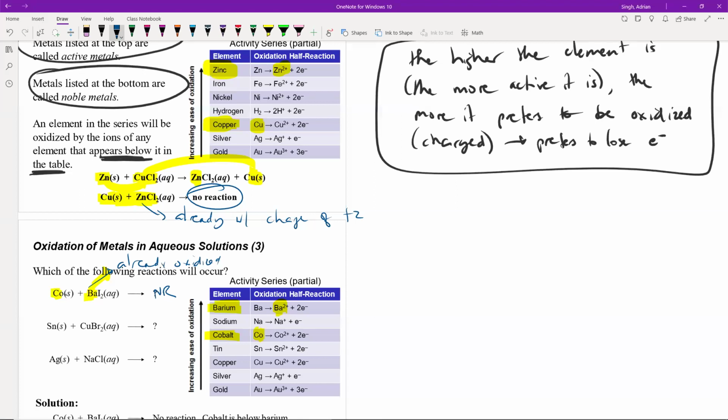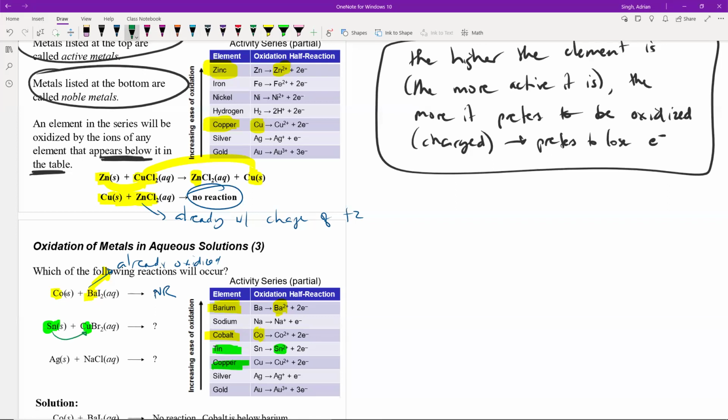We look at tin and copper bromide. Here's the tin, Sn is tin, by the way. The tin is here. We have copper right underneath it. Okay, so which is more active? Well, the tin is more active. The tin wants to be in the oxidized state. Right now, the tin is elemental, with a charge of 0. It wants to now take the place of the copper.